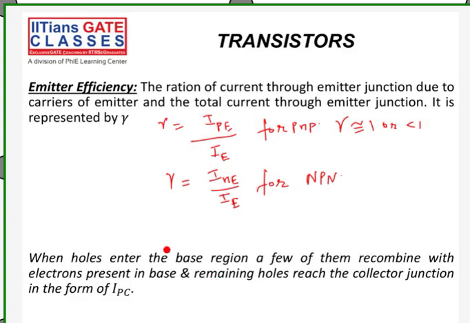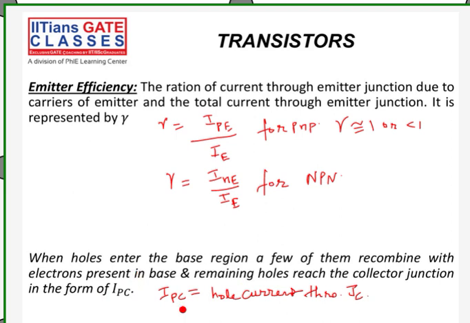IPC is the hole current through the collector junction, through JC. Okay, so that we need to remember. Here I already mentioned IPC is the current passing through the collector junction.